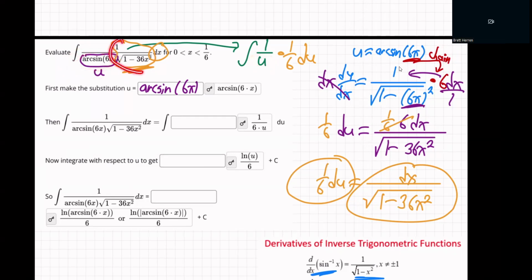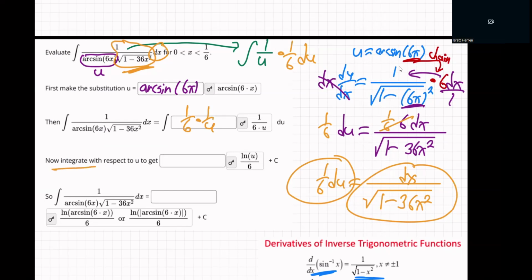And then the 1 over the square root of 1 minus 36x squared dx is 1/6 du. So that's what goes right here. It's the integral of 1/6 times 1 over u du.